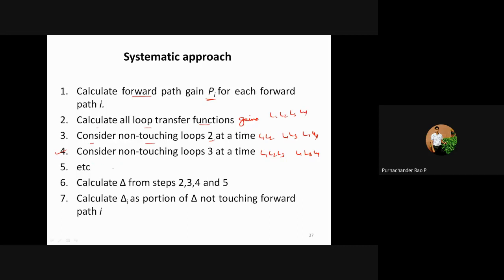Then calculate the delta with the help of all these loops. After getting the delta, go for the delta i, the part not touching the forward path. This is the procedure to find the transfer function using the signal flow graph method.